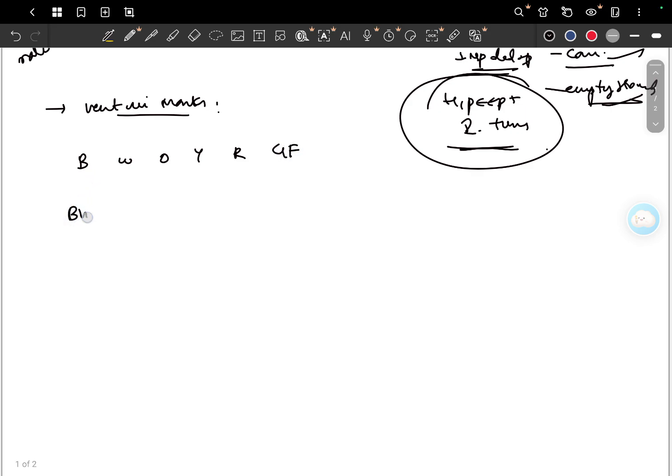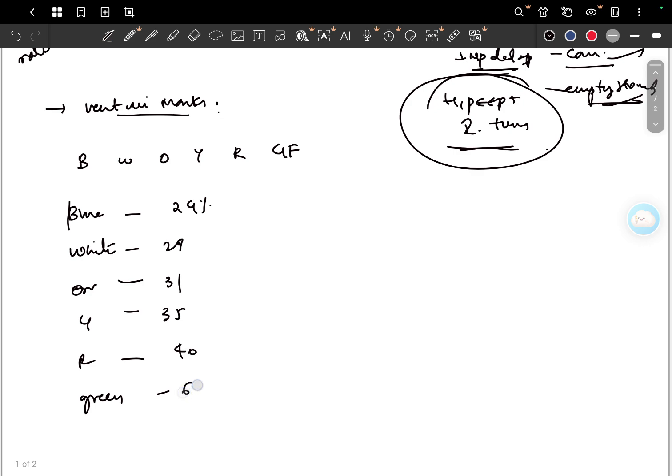This is how you can remember: blue, white, then orange, yellow, red and green. Here just remember the percentages, roughly 24%, 28, 31, 35, 40 and then 60 directly. So it is in increasing order.